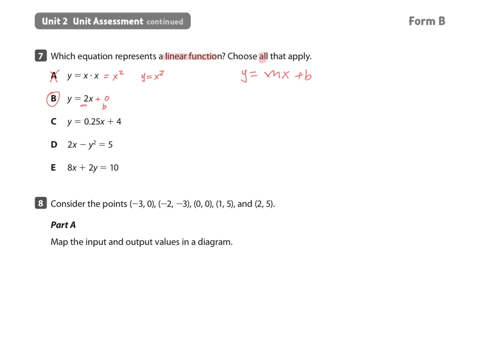It's in the form y equals mx or mx plus b. The next one, C, one more time. You have y equals 0.25x, so this is going to be your slope, and this one will be your y-intercept. Okay, so that's also a linear function.